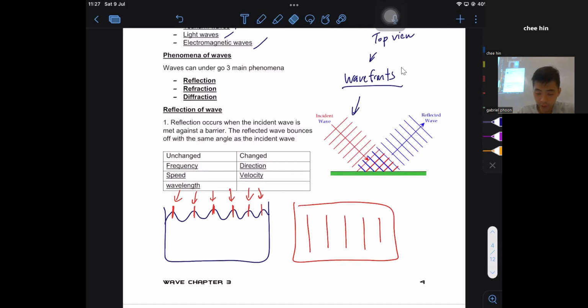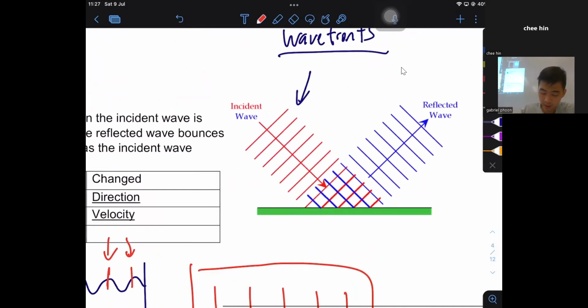Okay. Now, reflection of the wave is very straightforward. If I have a wave coming down onto a barrier, it's obviously going to hit the barrier and be reflected upwards. Now, for reflection, there are a few rules that definitely apply. Number one, you definitely need to know that this thing here is what we call the incident wave, and this is obviously the reflected wave.